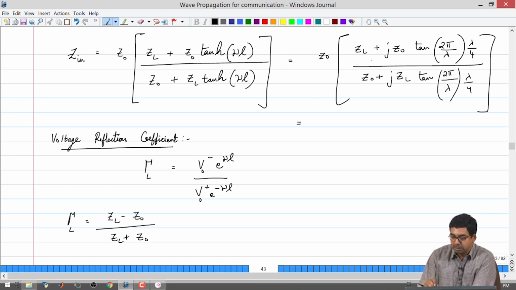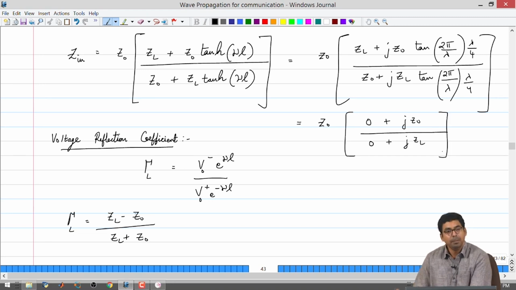So, we can divide the numerator and the denominator by tan pi by 2 and see what happens. Z naught will just become, this term will become 0 plus J times Z naught divided by 0 plus J times ZL. So, I can cross these two off.